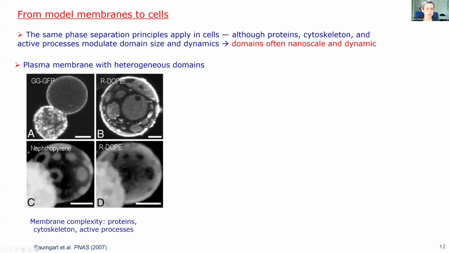What you see here on this snapshot is a cell which is exposed to a cocktail of chemicals. It produces something called a giant plasma membrane vesicle, or a bleb. And if you change the temperature, this bleb, or giant vesicle, would undergo phase separation, just like we observed phase separation in giant vesicles. So despite the membrane complexity and the proteins and the active processes, phase separation can be observed in vivo.